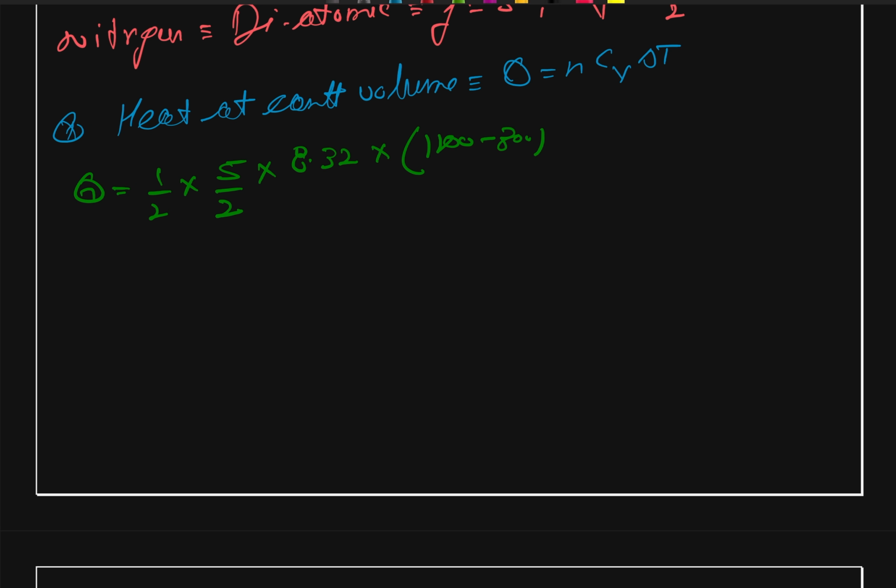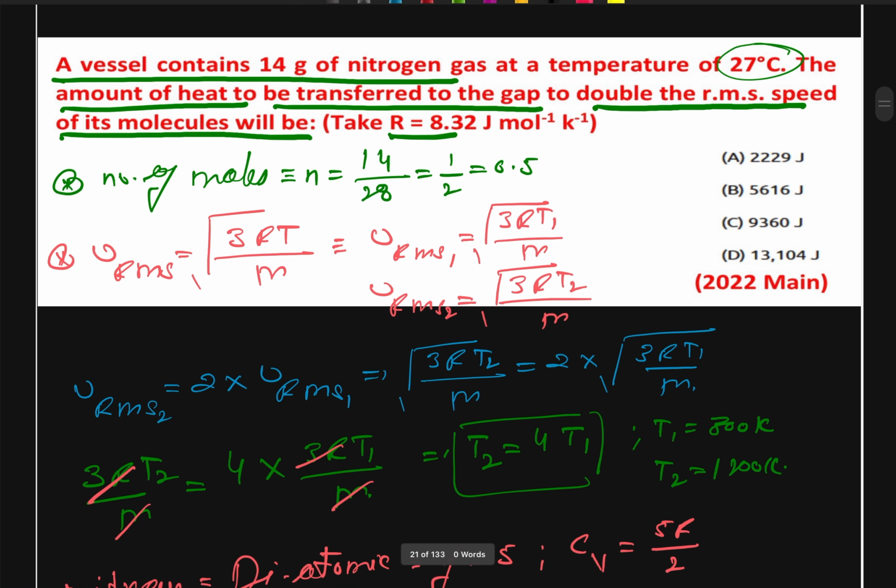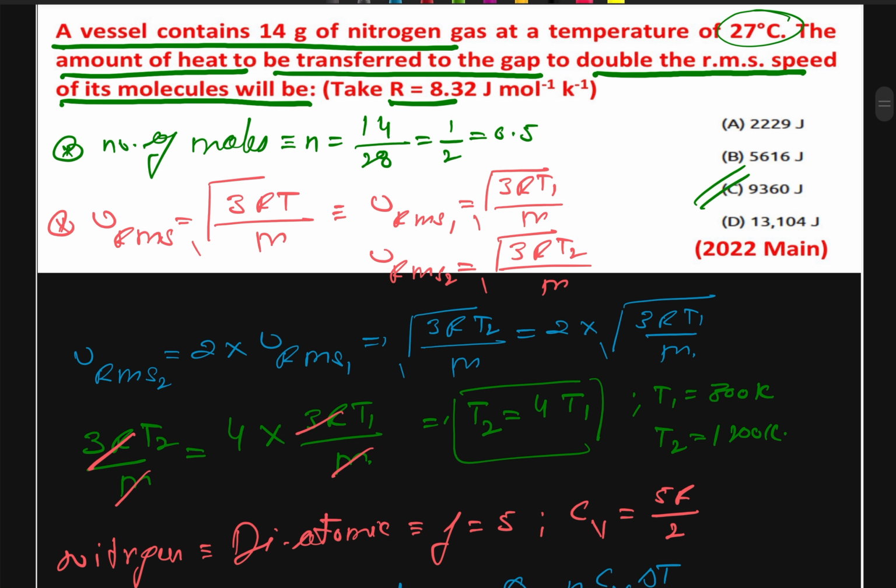So from here we get that the value of Q will be approximately equal to 9360 joules. So we have 9360, option C is correct.